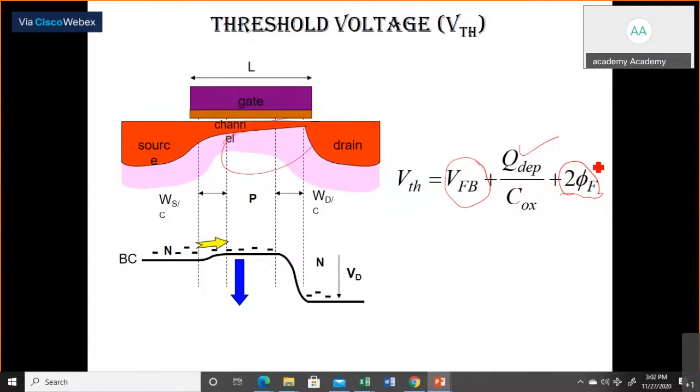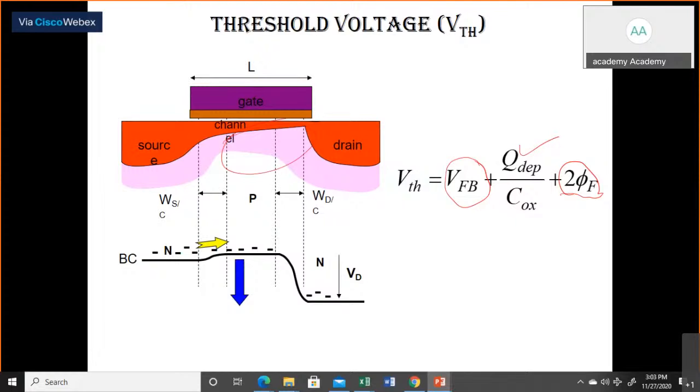Because of the inversion, we need to apply such a voltage that it should be equal to 2 phi F. This phi F is the potential barrier. And if we apply a voltage in such a way that it gets inverted, that's why 2 phi F.